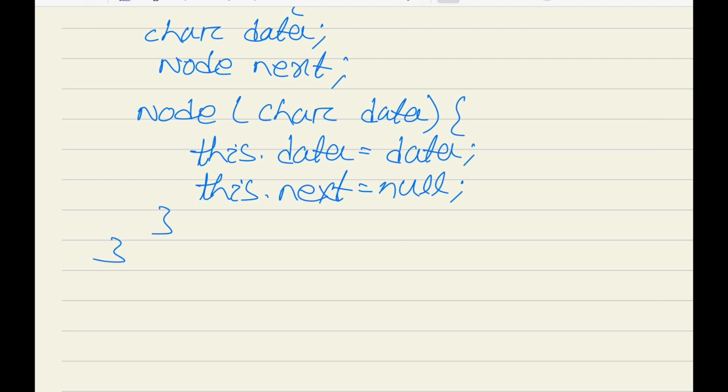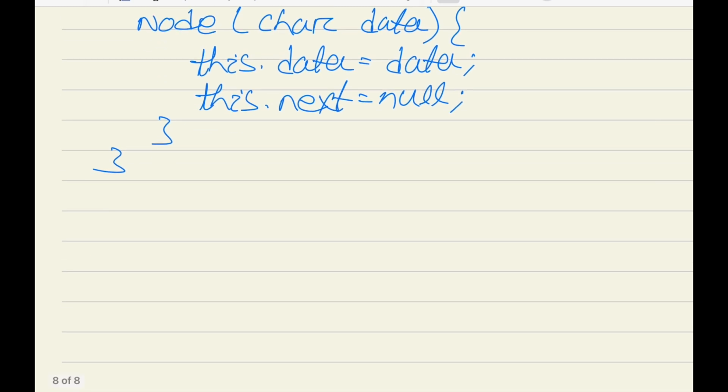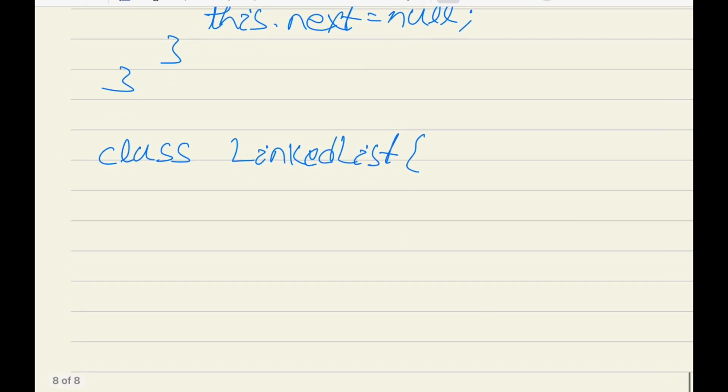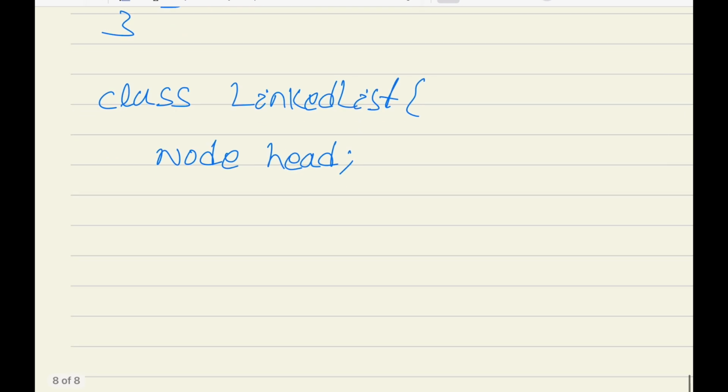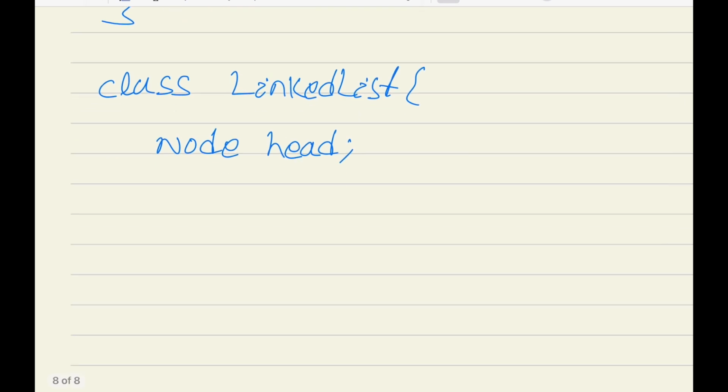So now we can write another class, that is linked list. So for that we can write class, assume the name of the class is linked list. So here we can take one reference variable head. Now we want to write a simple method, that is add first. So we have already discussed the steps in the method add first.